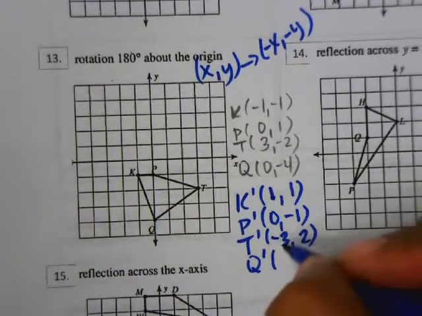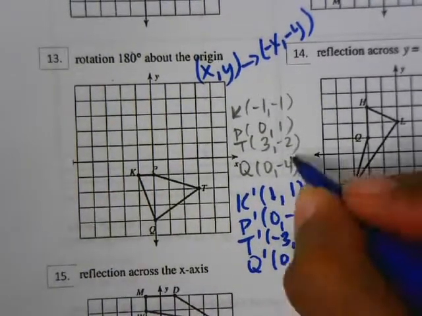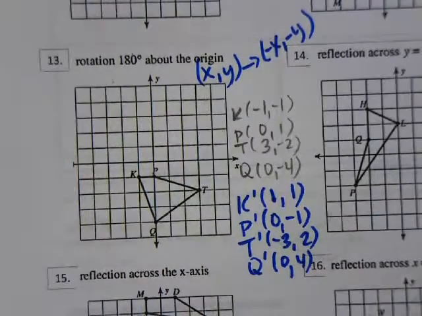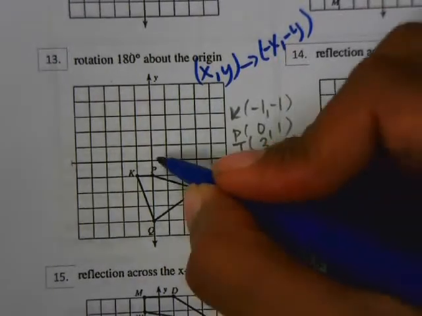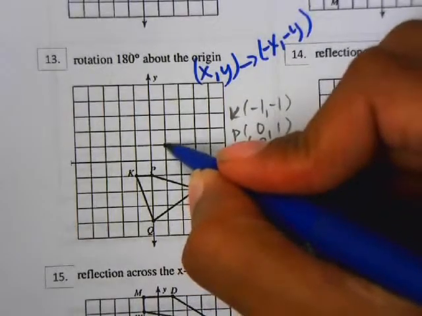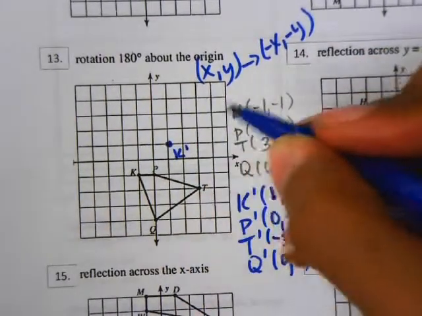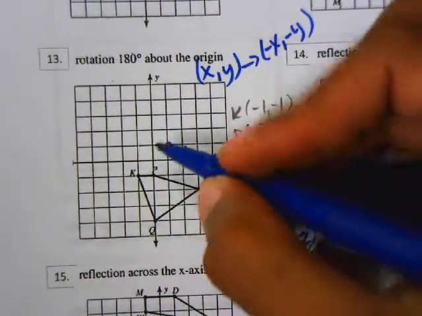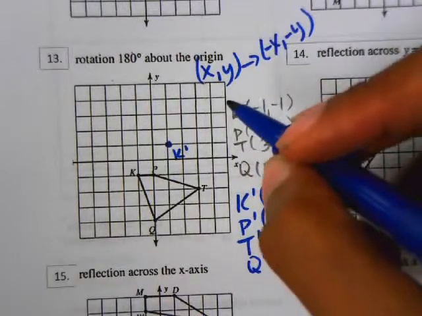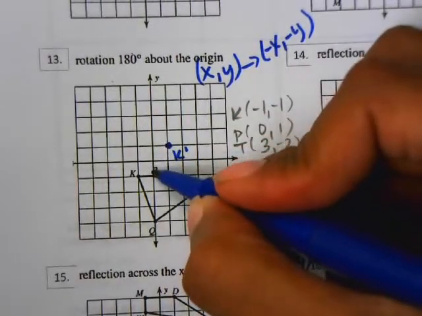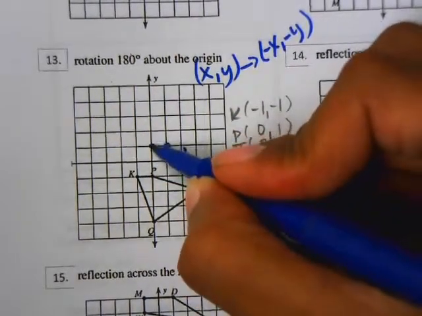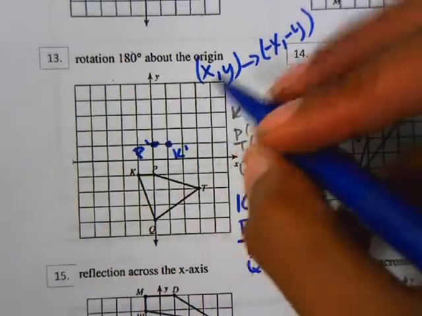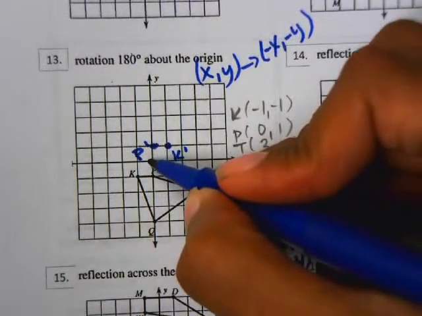So when I graph it, K prime is at 1, 1. P prime is at 0, +1. For T prime, it's at -3, +2. And then Q prime is at 0, 4.